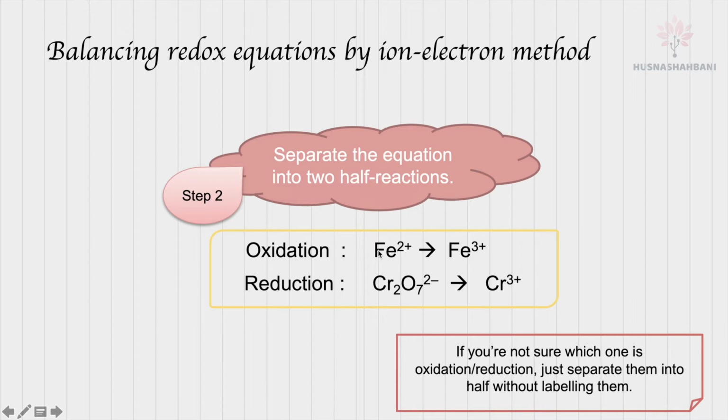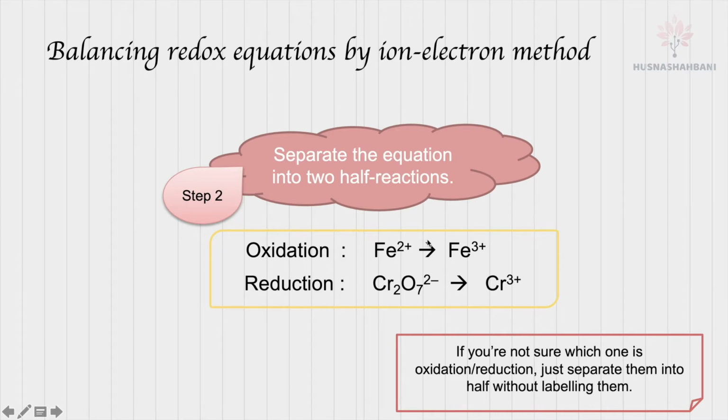Next, separate the equation into two half equations. You just separate the same element. Fe2 plus, Fe becomes Fe, the same element, and then another one, Cr2O7 2 minus becomes Cr3 plus. If you look at the oxidation number, it's simple for Fe. Fe2 plus becomes Fe3 plus.